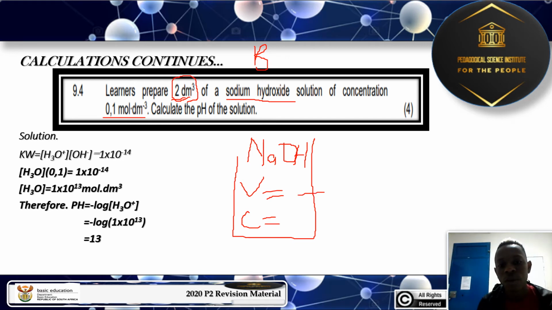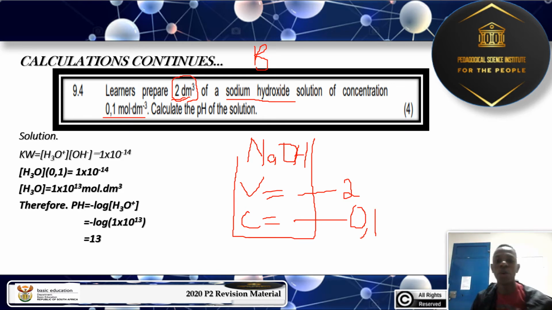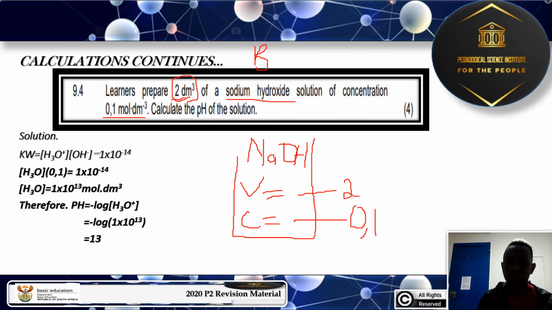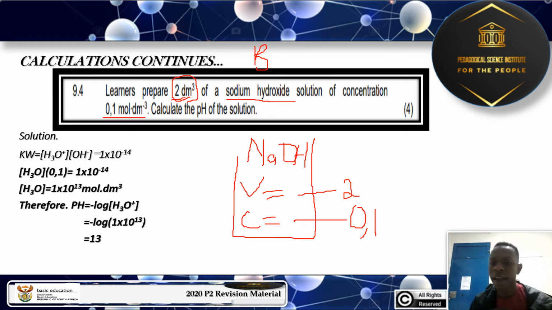Therefore, the volume we are given is 2. The concentration we are given is 0,1. That's what we know. The concentration of sodium hydroxide is 0,1 and the volume of sodium hydroxide is 2. Sodium hydroxide is a base. That's what you know. Then they say you must calculate what? The pH.